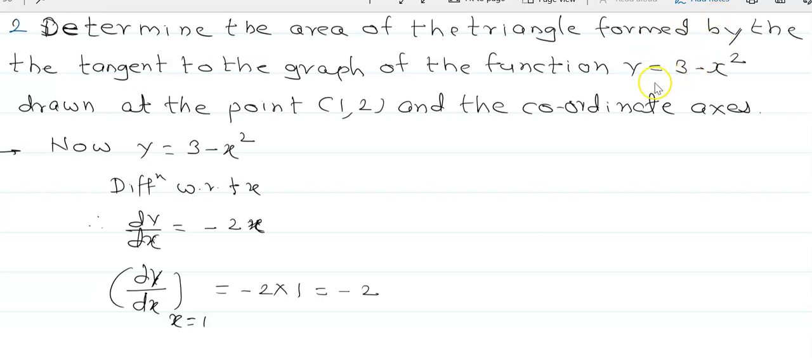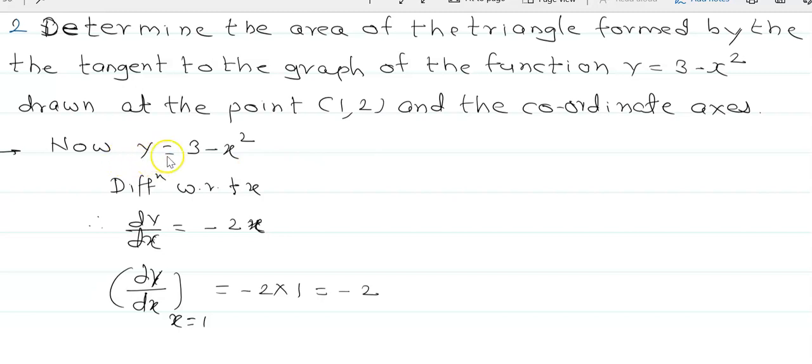First of all, we will find the equation of the tangent to the curve y is equals to 3 minus x square at the point. That will be the equation of the line. When that line touches the coordinate axis, the triangle is formed, and we will find the area of the triangle.